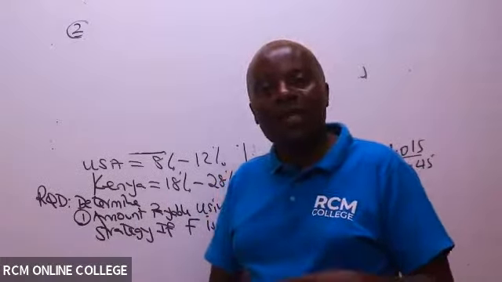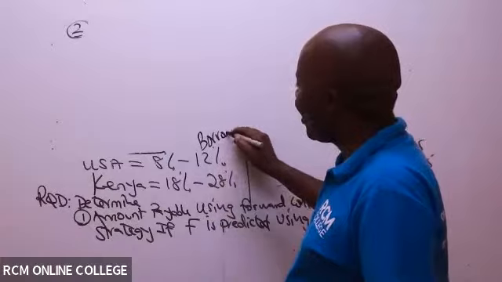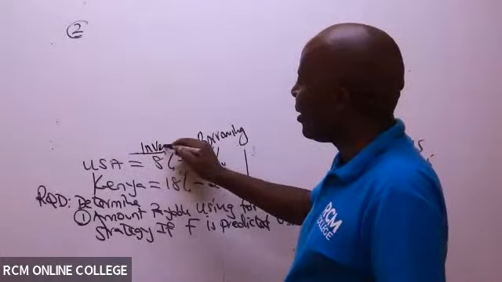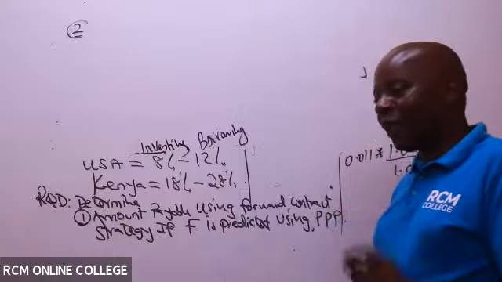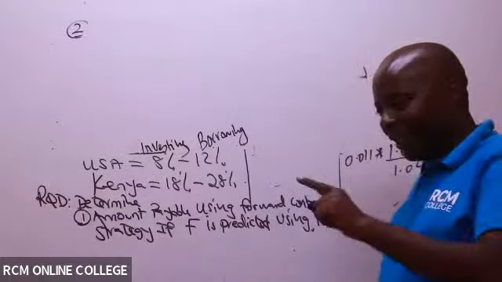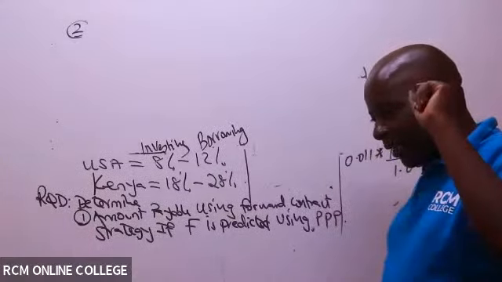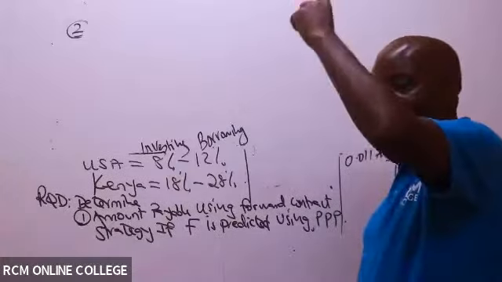Borrowing rate is always higher. So this is borrowing, and this is investing. Are we together that always the borrowing rate will be higher? Great. That is achievement. Big tick. Correct.